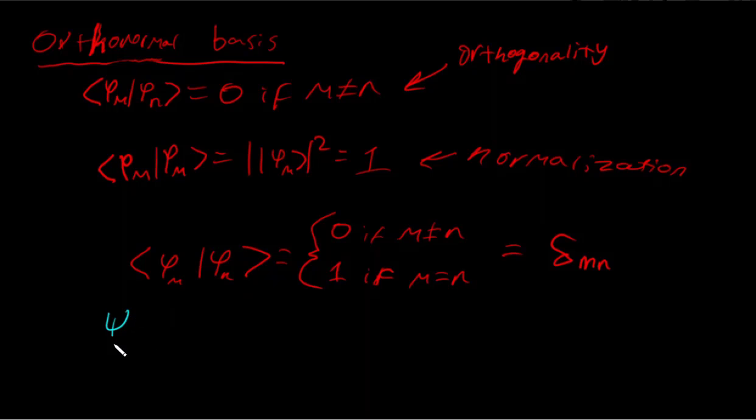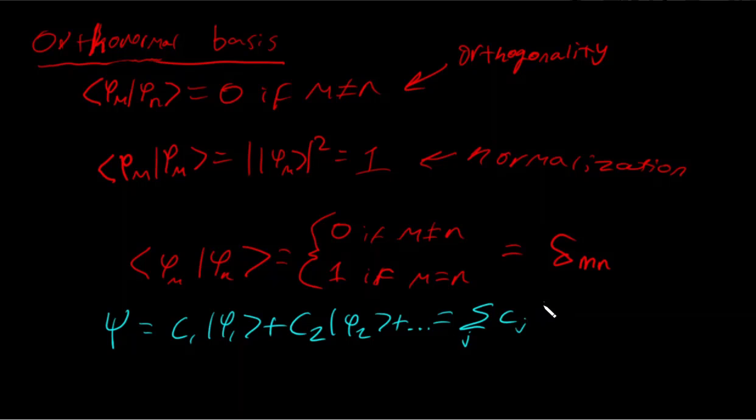If I've got psi equal to C1 phi1 plus C2 phi2 plus dot dot dot, which is the sum over all values of j of Cj phi j, then, given the orthonormality conditions, you can show that phi j inner product with psi is equal to Cj. You can prove this with any of them, phi1, phi2, phi3, whichever one.